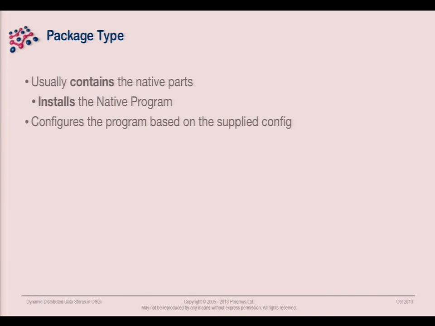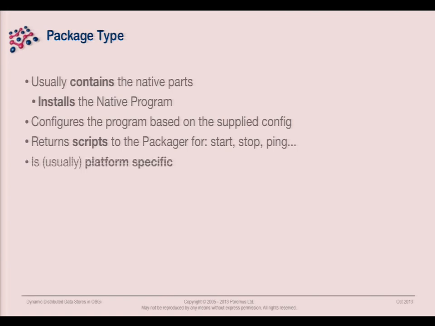It's also going to configure this program based on the supplied config, and it's going to get some scripts which it's going to give to the packager manager to say this is how you start it, this is how you stop it, when that's appropriate. And it's usually platform specific, as I say.